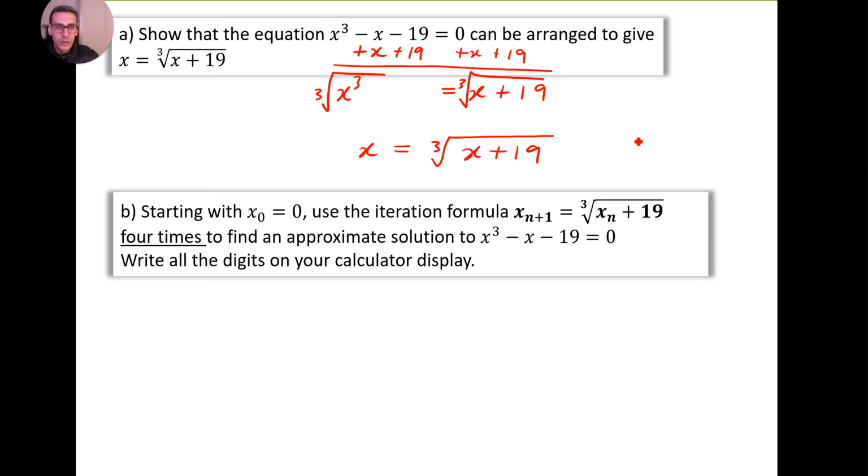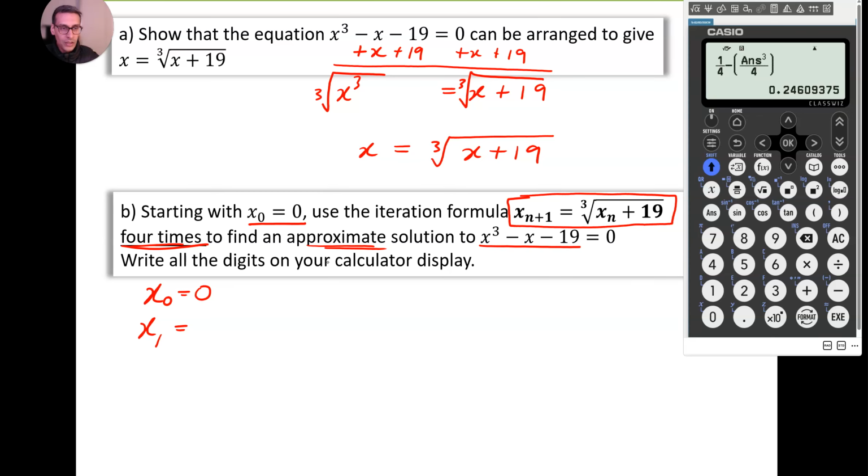Do not confuse that with 3 root 19 or x plus 19. It's very different. This is the cube root. Now, starting with x naught equals 0, use the iteration formula 4 times to find an approximate solution to this equation. So there's our formula. We're going to start with x naught equals 0, x1 is equal to, now this is where our calculator comes in.